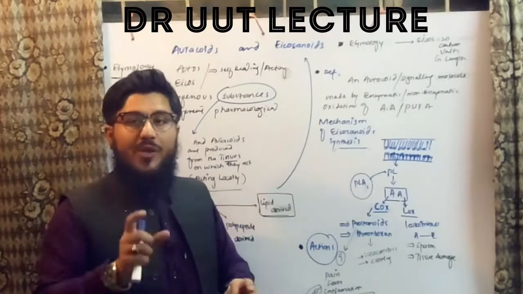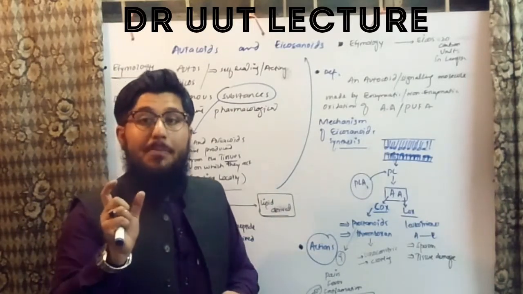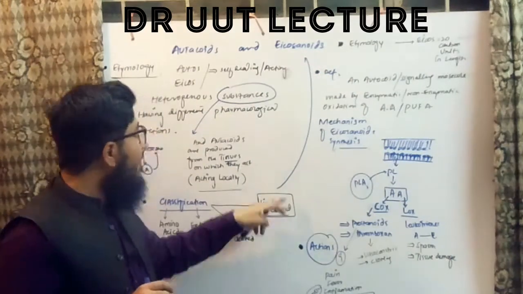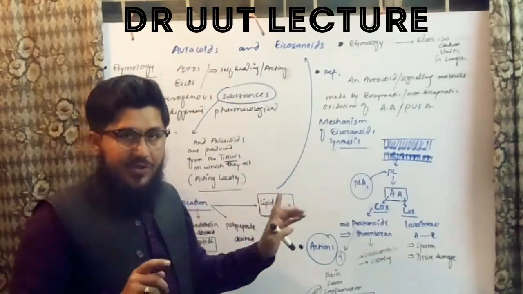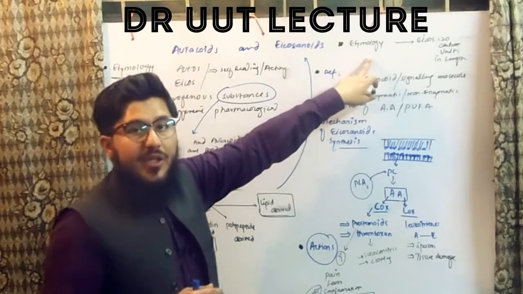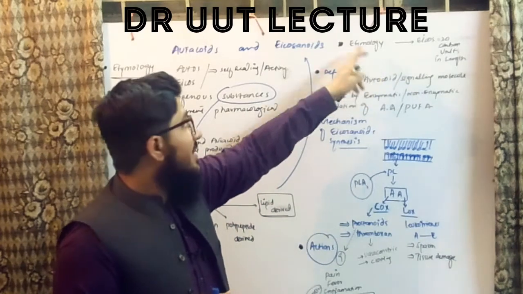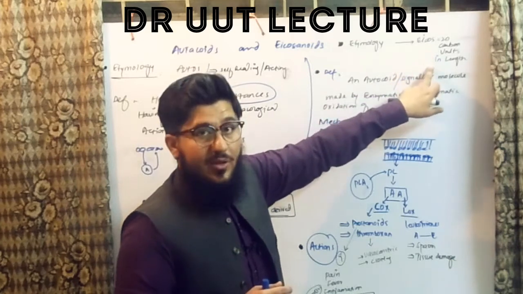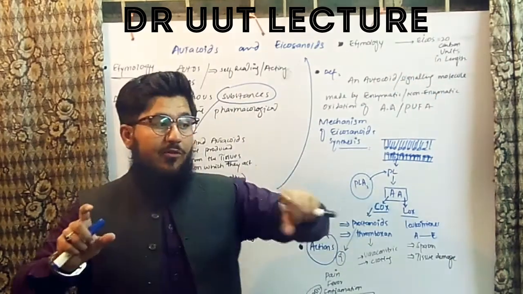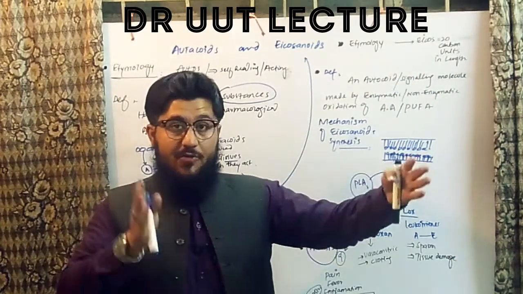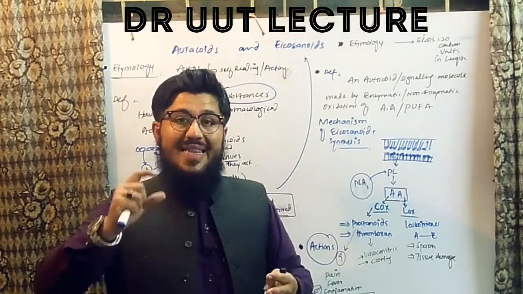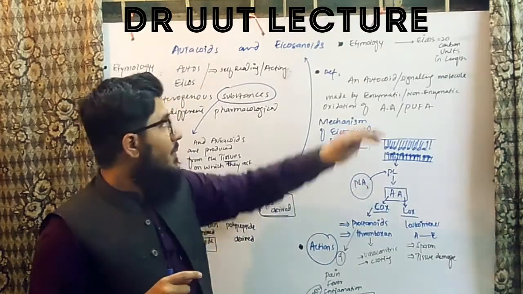From here you can guess a simple definition: they are the lipid derived autacoids. Now etymologically they are known as eicosanoids because they are made up of 20 carbon units, 1, 2, 3, 4, 5, up to 20 carbons. When 20 carbons chain up together they make a structure, and that structure is called an eicosanoid.